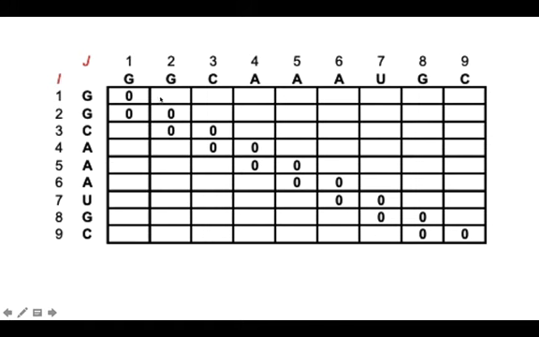As we can see, G and G cannot be base paired, so the base pairing score is 0, and the maximum is also 0 because the left, bottom, and diagonal all have zeros. So there is no maximum value, so 0 will be there. And so on, we will move forward and fill the whole table.